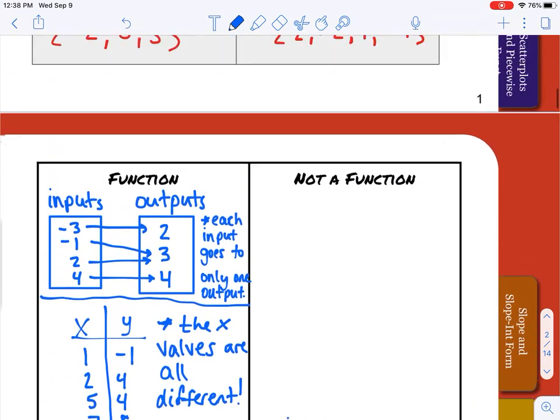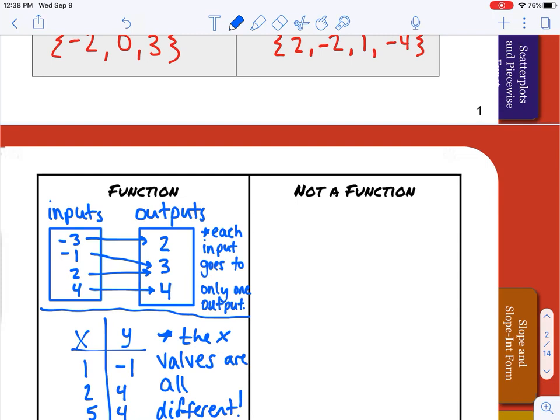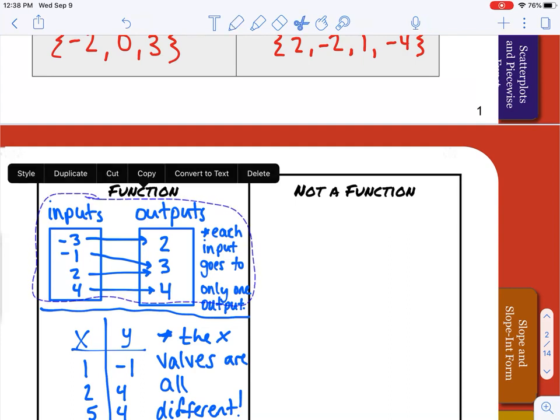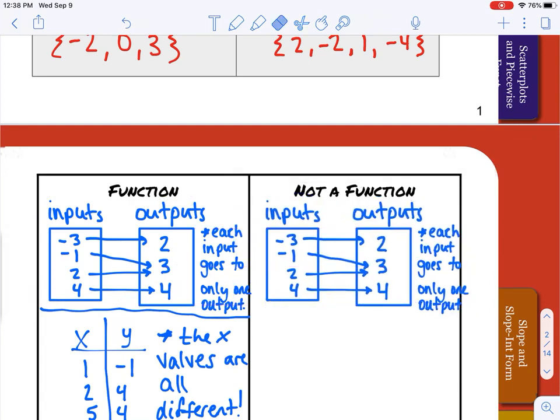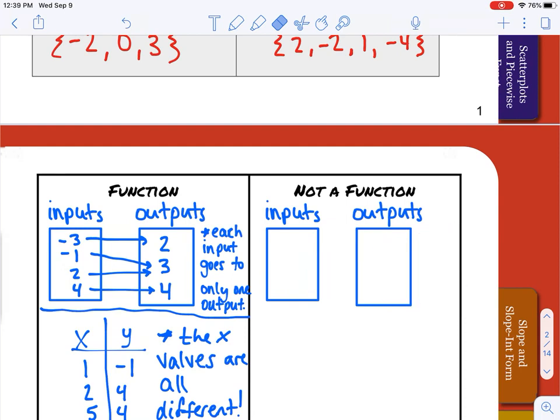Now we have not a function. So once again, we have inputs and outputs. I'm going to copy this over. Erase my numbers inside. Okay, so now we're looking at things that are not functions.